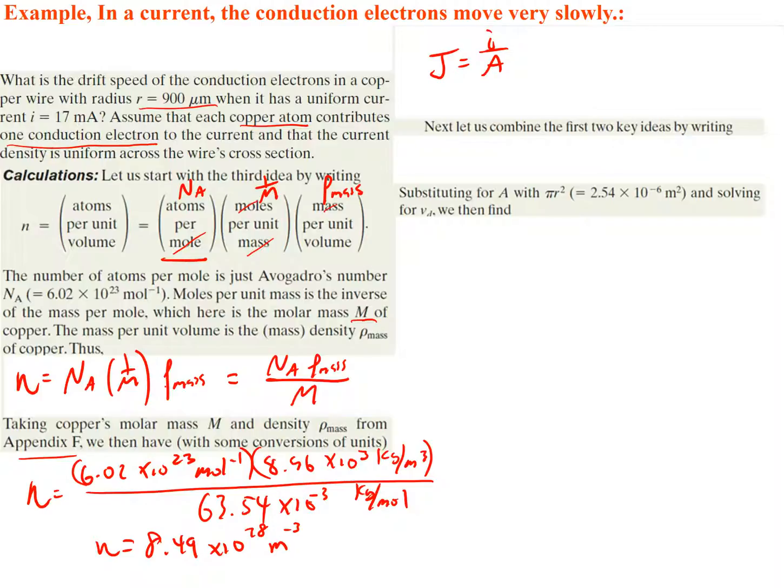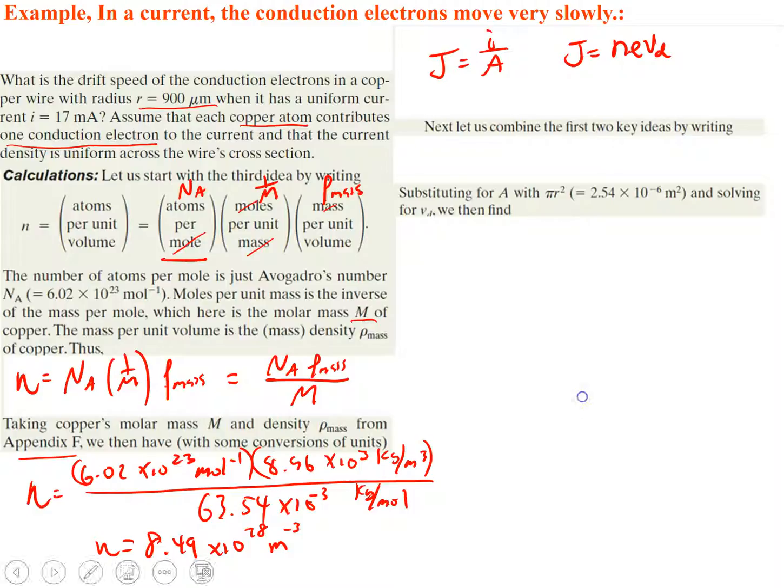So we said that our current density J is also equal to n e times our drift velocity, and we're trying to find our drift velocity, so we want to start with that.